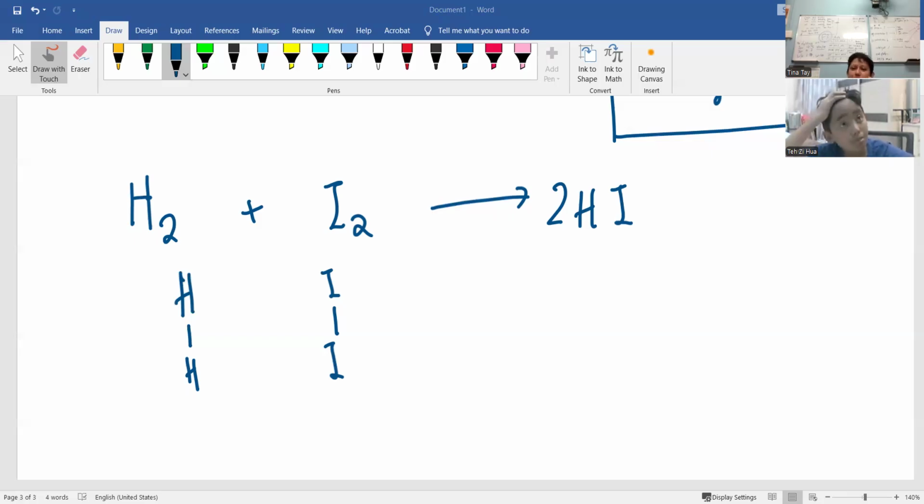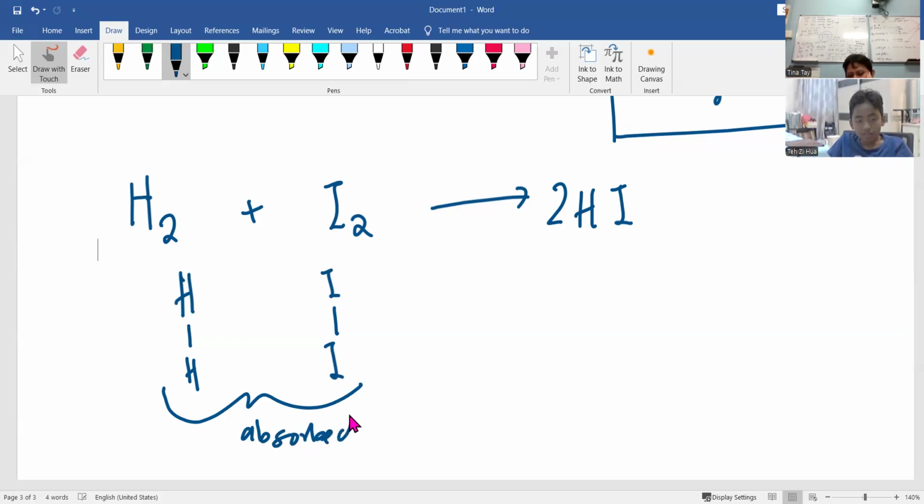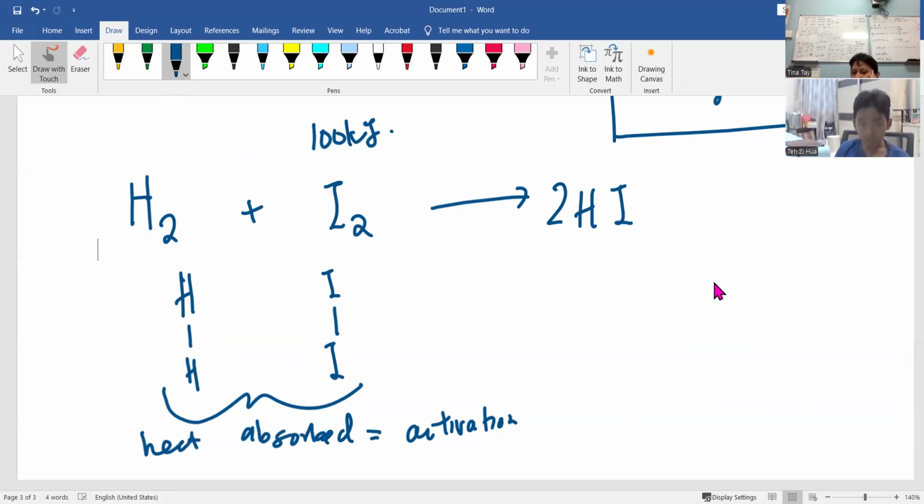All right. So first you break the bonds, so you absorb energy. Okay. So the energy that is absorbed to break bonds is known as what kind of energy? Activation energy. Okay, so what happens is, let's say the activation energy is 100 kilojoules. Very simple. So let's do a simple diagram like this.